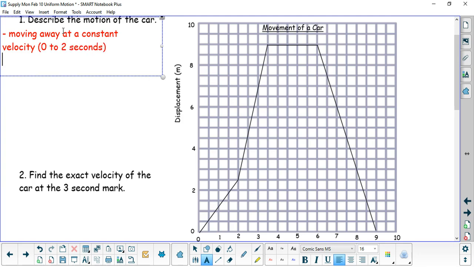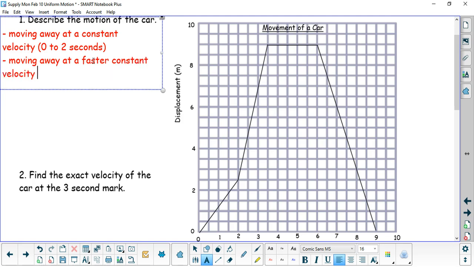Then something changes, right? This is still moving away because the displacement is still getting bigger and bigger, but it's doing it at a much faster velocity. You can see it's a much steeper line. That means it must be a faster velocity. So we're going to say it's moving away at a faster constant velocity, and that is from 2 to 3.5 seconds.